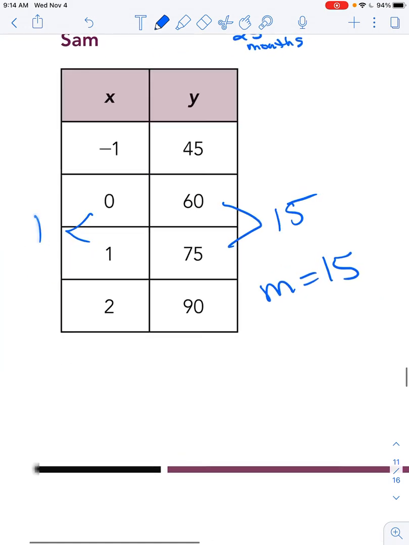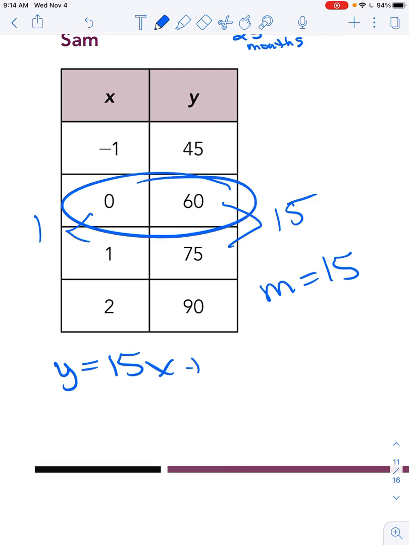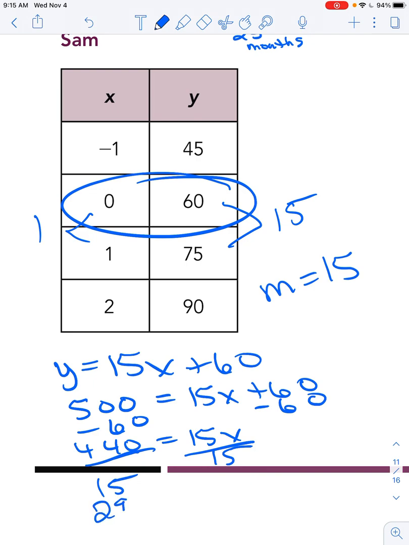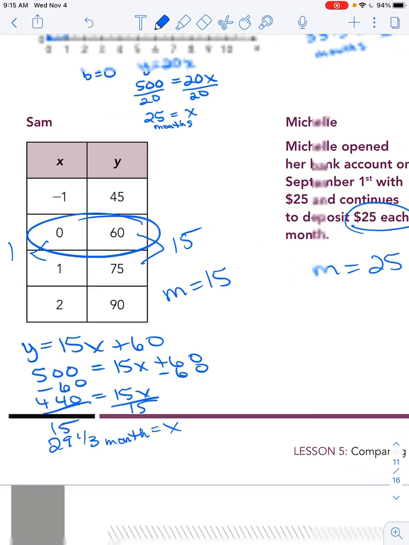Okay, so down here, my slope is 15, my y-intercept is 60, so 500 equals 15x plus 60. So I subtract 60 from both sides. I get 440 is equal to 15x. Divide by 15. 440 divided by 15 would get me 29 1/3 months to get to $500.